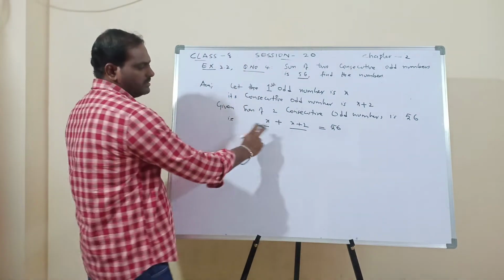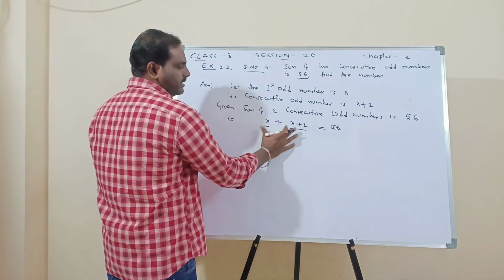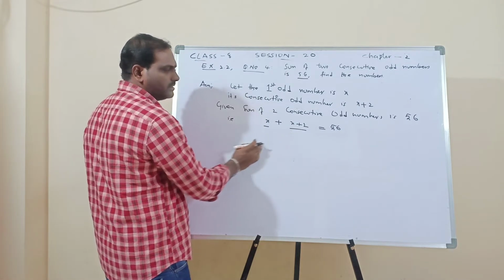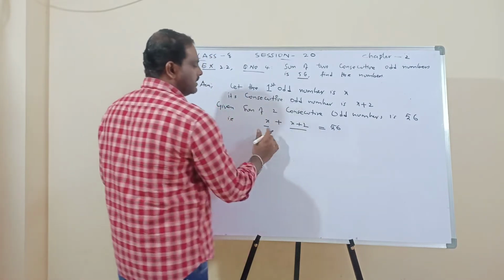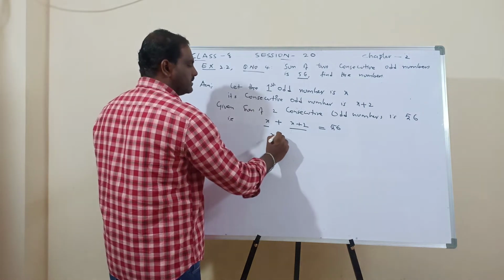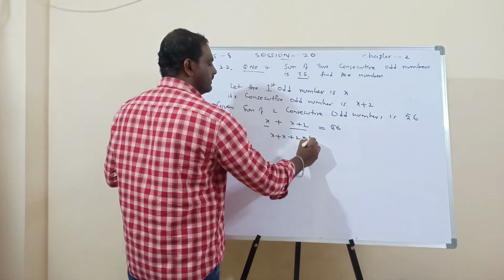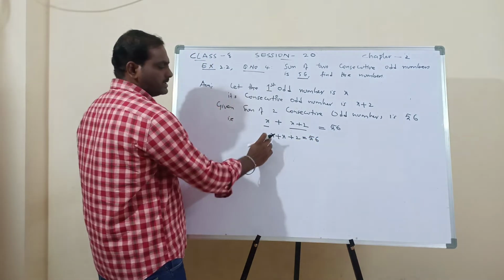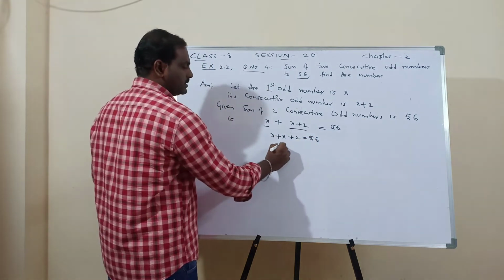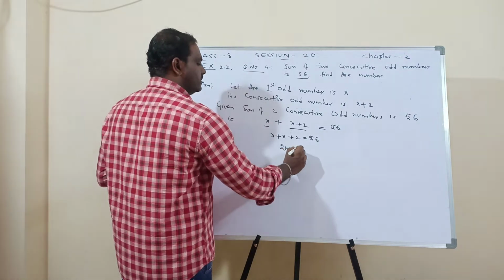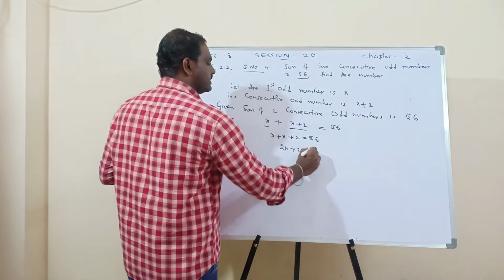So now, look at this. Now I have to write the variables on one side and the constant on the other side. Now what I write is x plus x plus 2 is equal to 56. What is x plus x? Yes, it is 2x plus 2 is equal to 56.